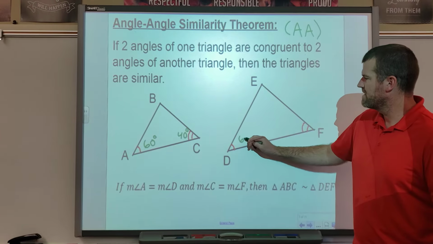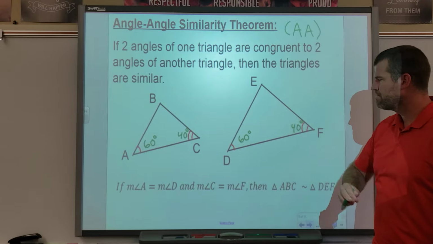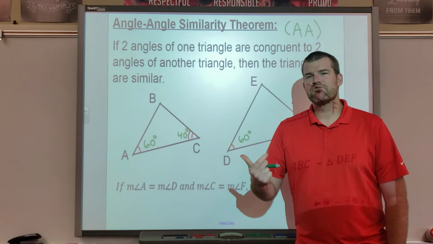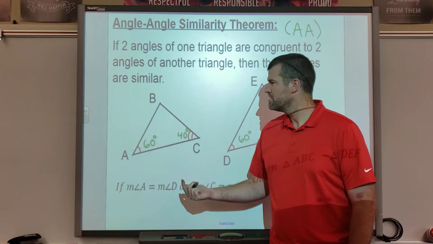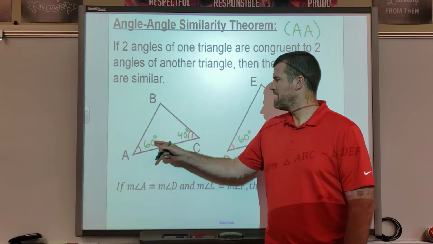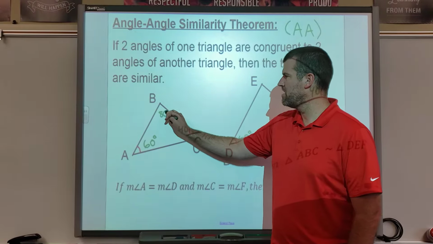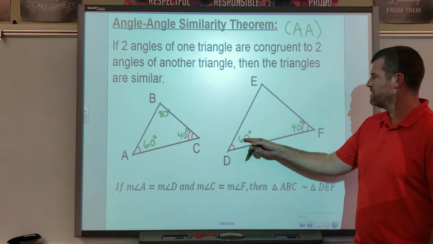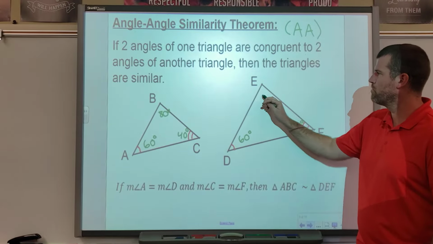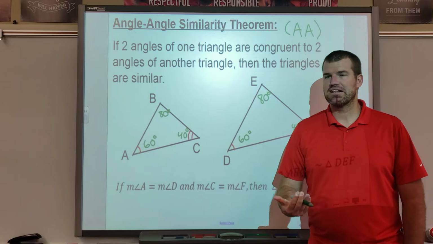That would mean that this one is also 60 degrees, and this one is also 40 degrees. Well, if we know those are 60 and 40, we can use the triangle sum theorem to do 180 minus 60 minus 40, and we actually know that this angle up here has to be 80 degrees, which means same thing over here, subtract 60 and 40. This angle up here also has to be 80 degrees.